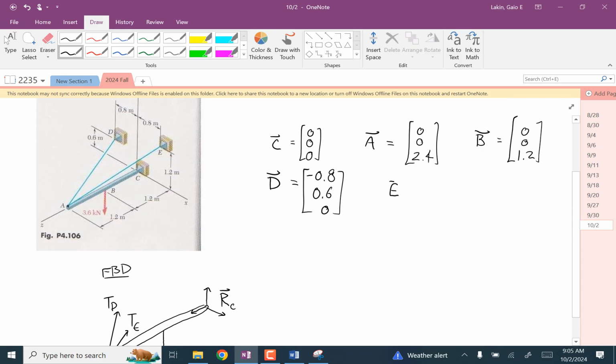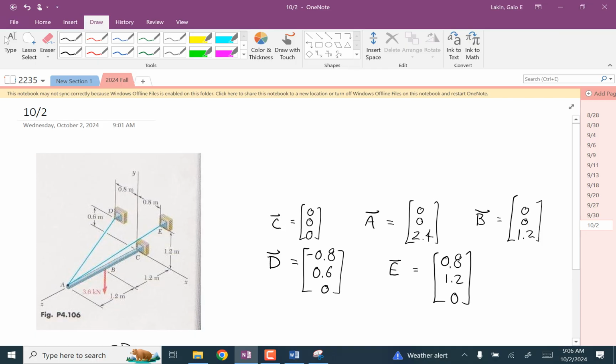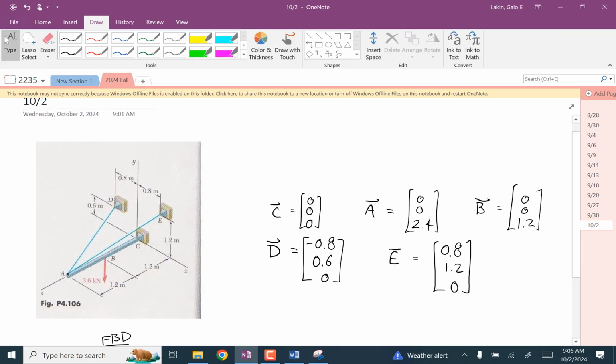And E is positive 0.8, 1.2, 0. And I don't think it gives any mass or anything.